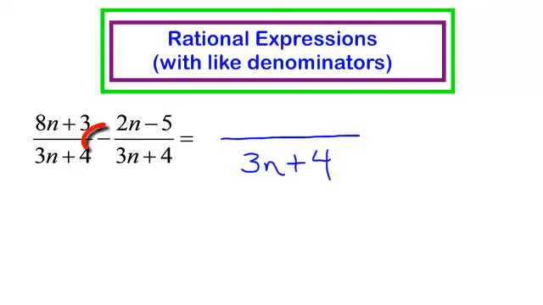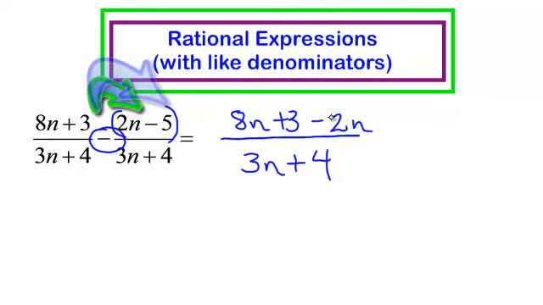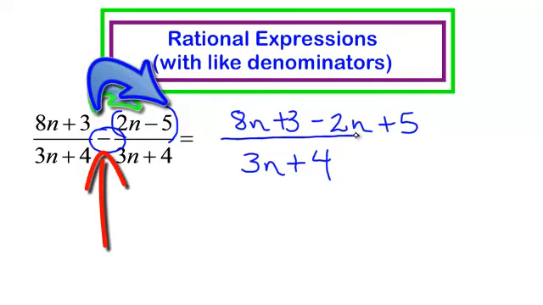You see this minus? I have to distribute that. That is not just minus 2n. That is minus the entire numerator. So I will write this out. I will have 8n plus 3, and that will be minus (2n minus 5). You must distribute that negative.